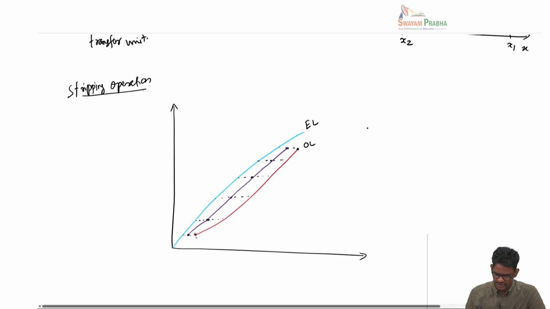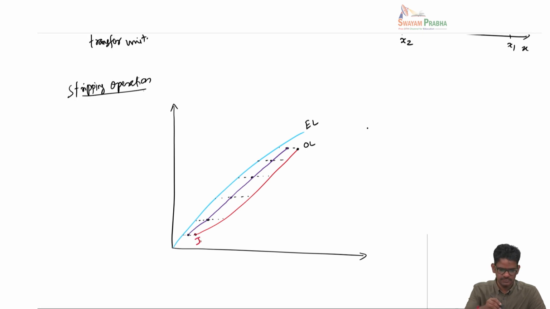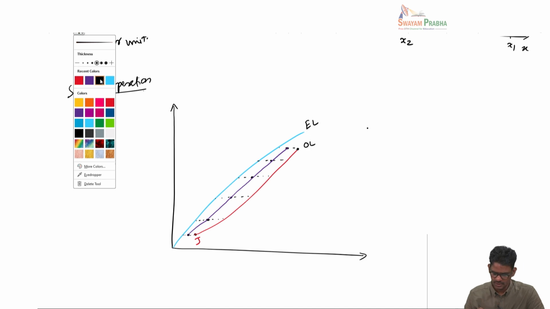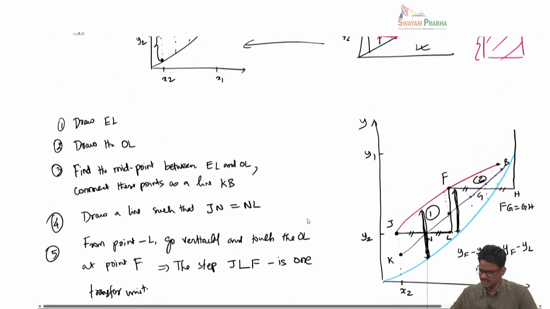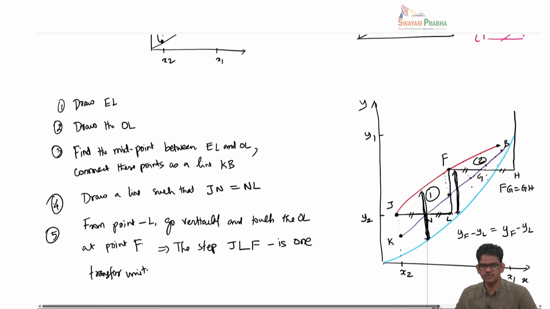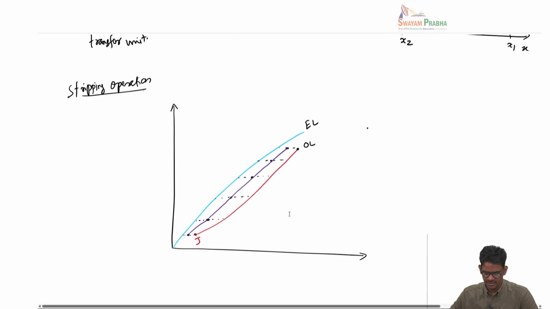So this is point J. There we went horizontally, right? But in the stripping operation, you are going to go vertically from J, touch this midpoint line, go further an equivalent distance, and then go horizontally to touch the operating line.